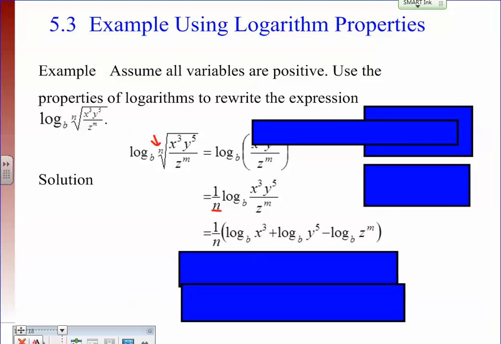It would be log base b of x to the third, plus log base b of y to the fifth, minus log base b of z to the m. That's using the product rule and quotient rule, changing the multiplying to addition, the division to subtraction.